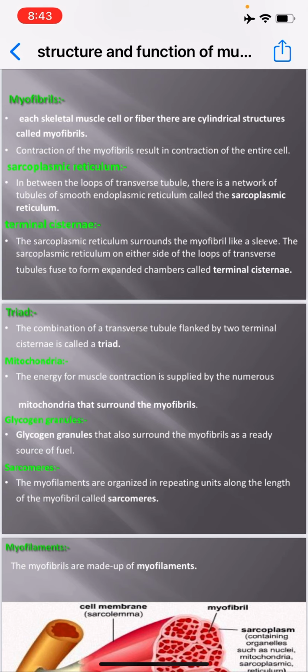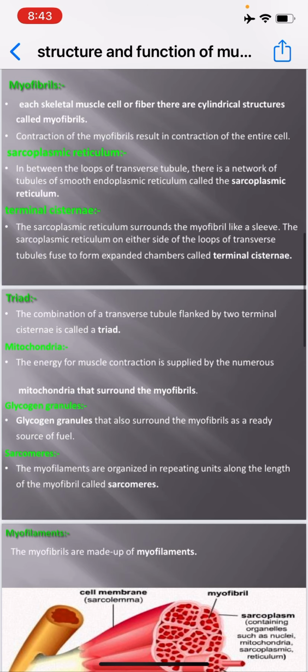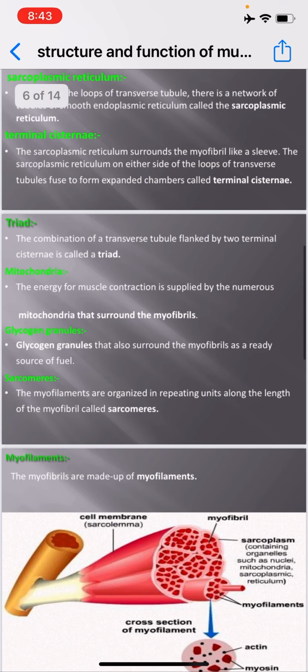The sarcoplasmic reticulum surrounds the myofibril like a sleeve. The sarcoplasmic reticulum on either side of the loop of transverse tubules fuses to form expanded chambers called terminal cisternae. Triad. The combination of a transverse tubule flanked by two terminal cisternae is called a triad.